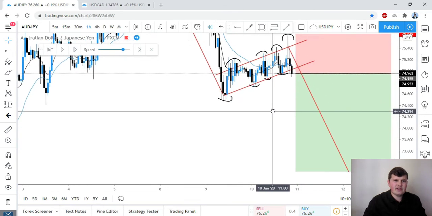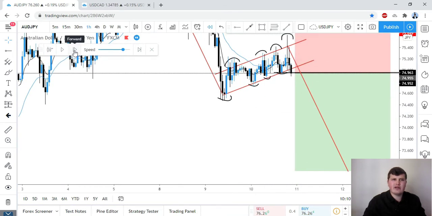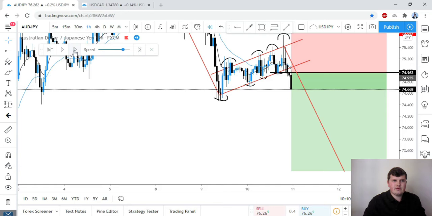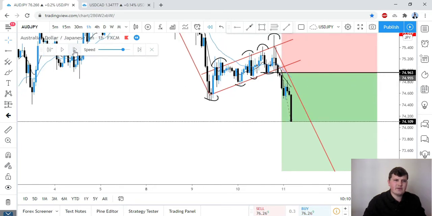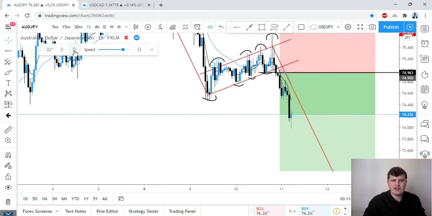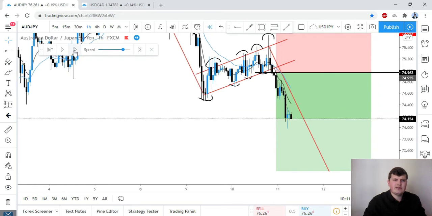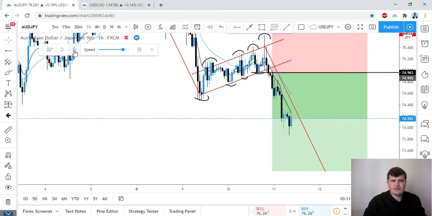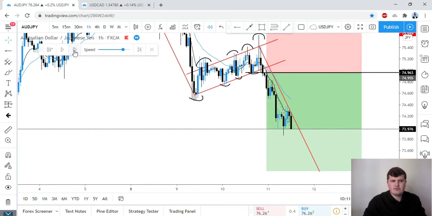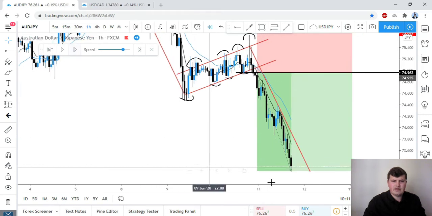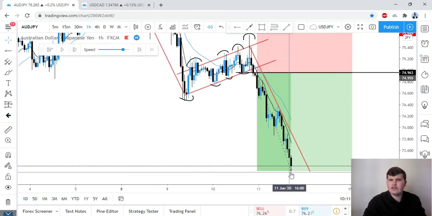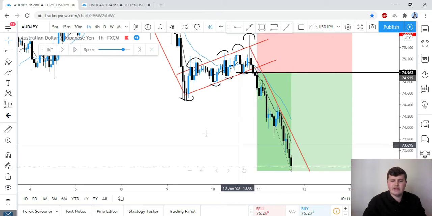So let's just see how the market played out. Lower, looking good guys, it's going lower, aggressively lower. And as you can see, it reached our target area over there.